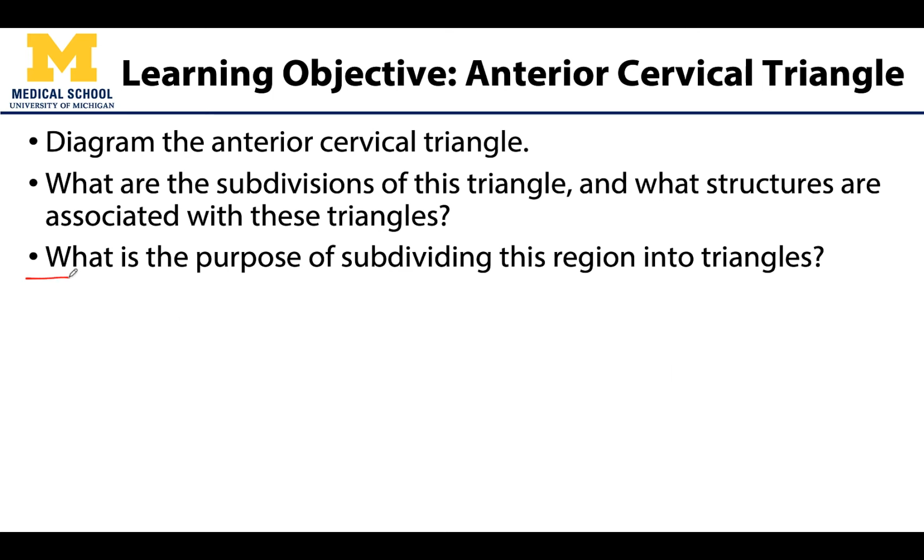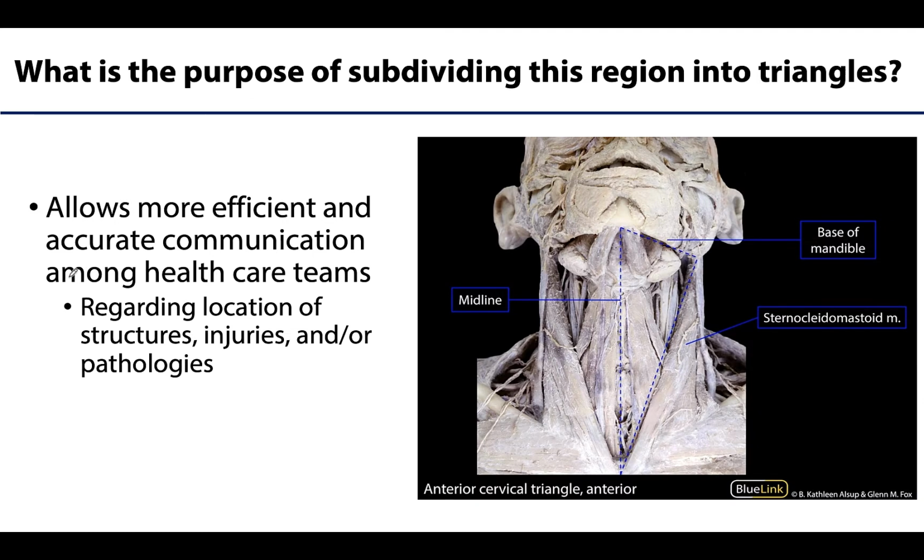Why would we take anatomical structures and make arbitrary boundaries? Are we just doing this to make you memorize? The answer to this is of course not. Having agreed upon anatomical regions, in this case we are dividing into triangles, really allows for communication regarding location of structures, injuries, or pathologies.